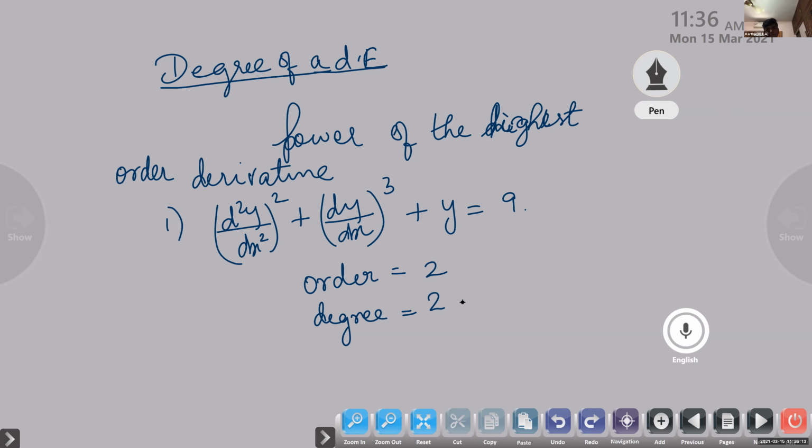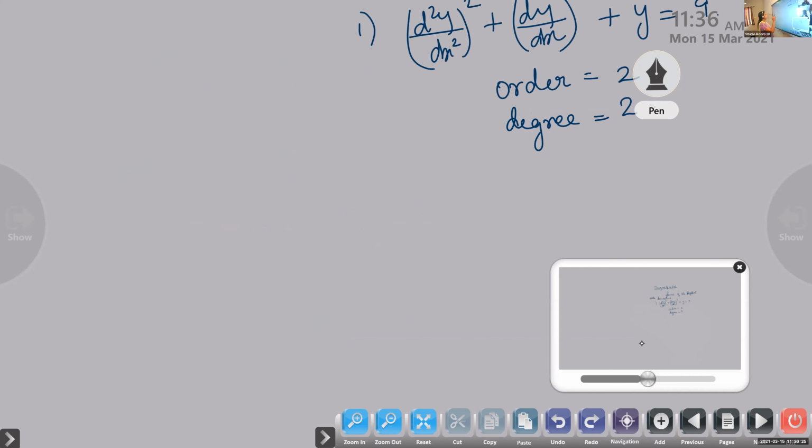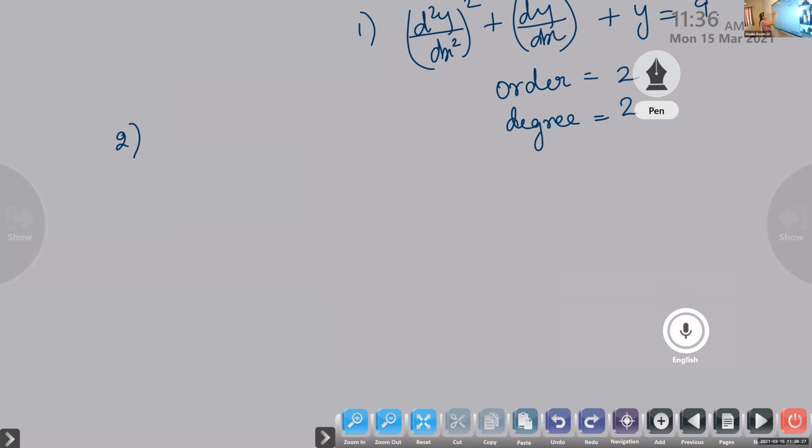Okay, let's do some examples because these are some important 1 mark questions. Usually we get 1 mark questions based on this: find the order, find the degree. That's an important topic. Second question: d square y by dx square plus x is equal to y.